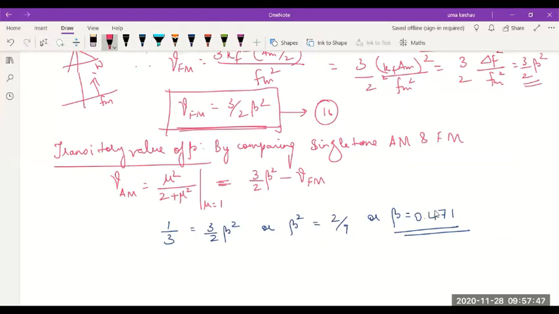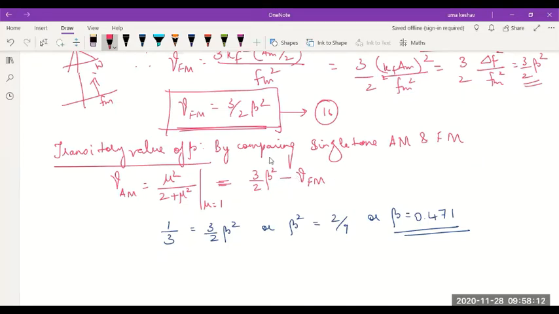Which means that the value of beta should be greater than 0.471 if the FM system should give you a better performance than the standard AM. Remember, standard AM performance is not that good, right? I have to transmit 3 times more power than DSB-SC to get the same level of performance.